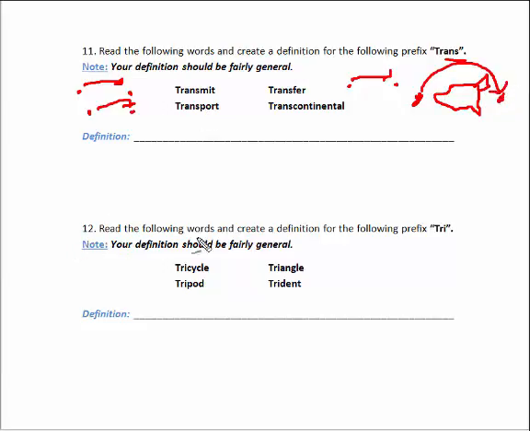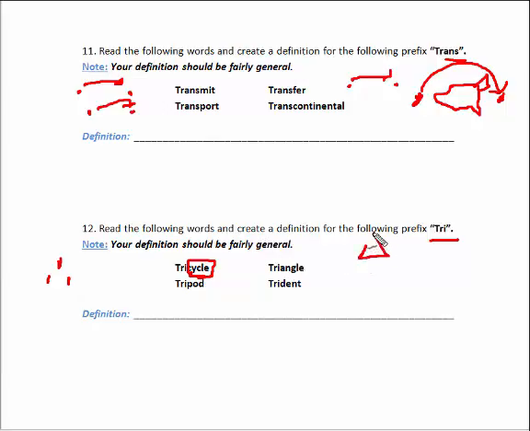Number 12, read the following words and create a definition for the prefix tri. Here are the four words: tricycle, triangle, tripod, and trident. The first word, tricycle. Cycle suggests like a bicycle. Tricycle has 3 wheels. 1 in the front and 2 in the back means 3.